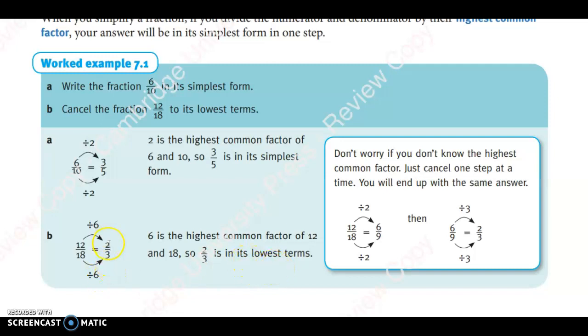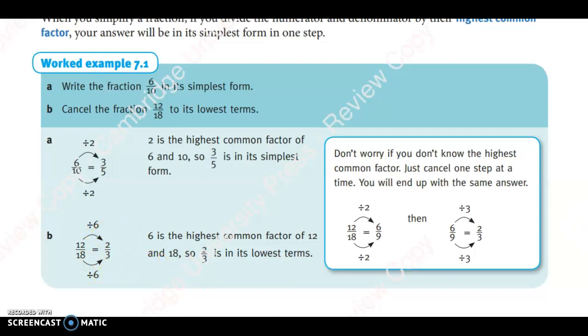Can 2/3 be divided once again? No. 2 and 3 have no common factor other than 1.